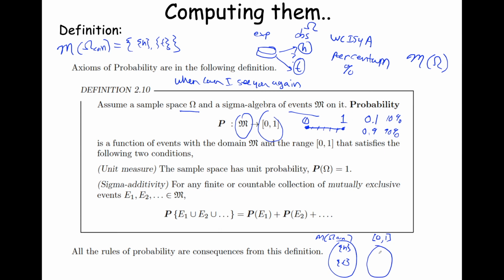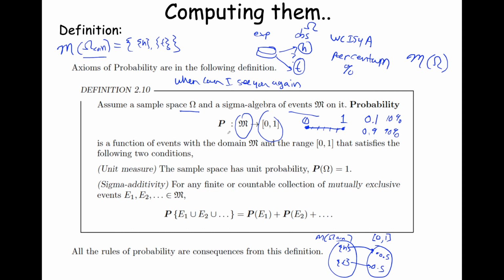And it just happens that I'm going to associate heads with the number 0.5, and I'm going to associate tails with the number 0.5. And so the probability is really just a function that assigns proportions per centum to each one of those combinations in the sigma algebra over our observations, our sample space omega.